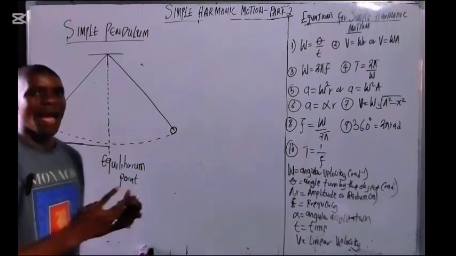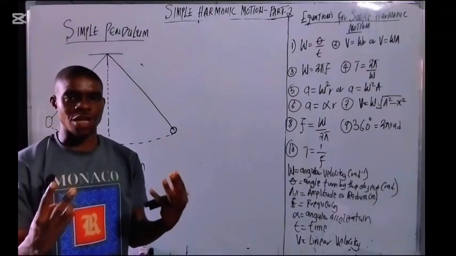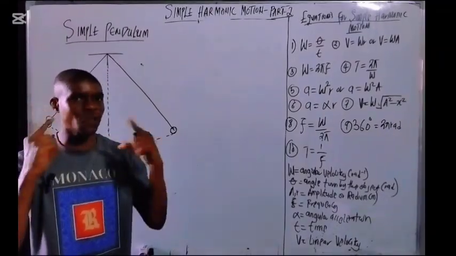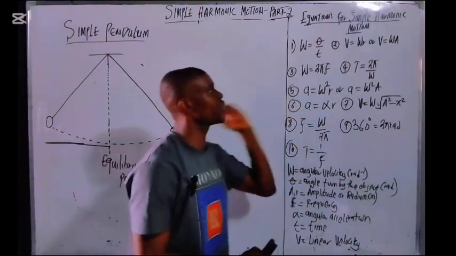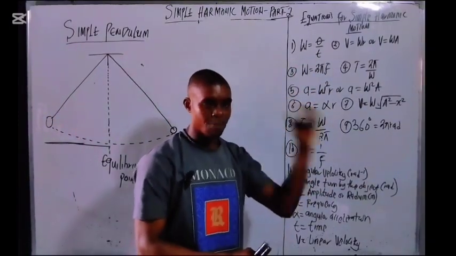Now, when you're studying simple harmonic motion, there are three terms you need to pay close attention to, and I'm going to show you the formulas we use for solving simple harmonic motion problems.